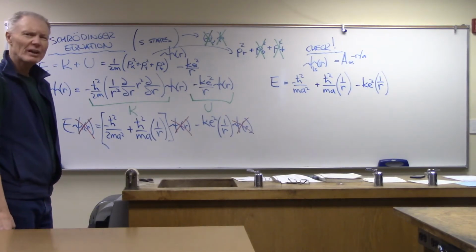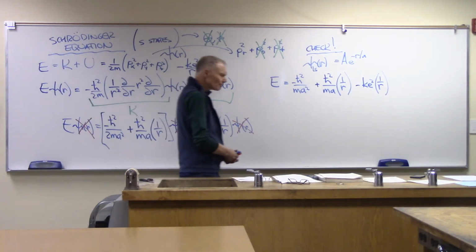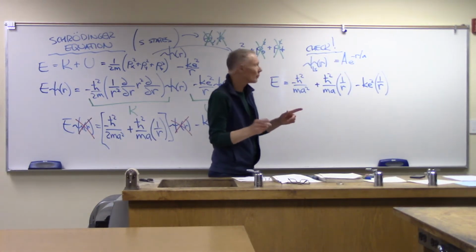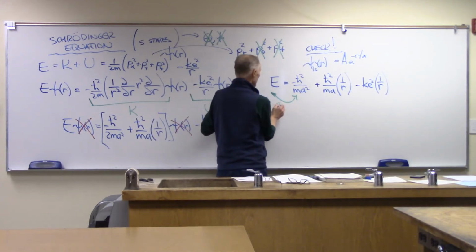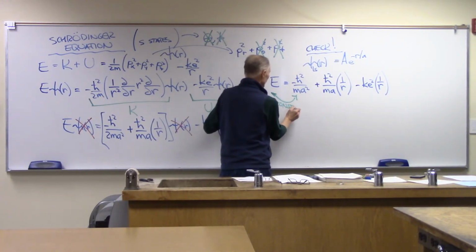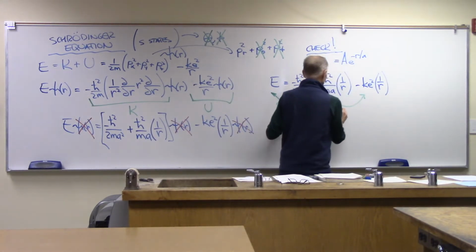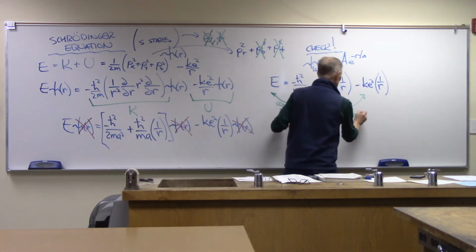Now, how do I know if I've got a solution to a differential equation? What I have to do now is take a look at each term. See these two terms right there? Those are constant terms. See these two terms right here? These are 1 over r terms.